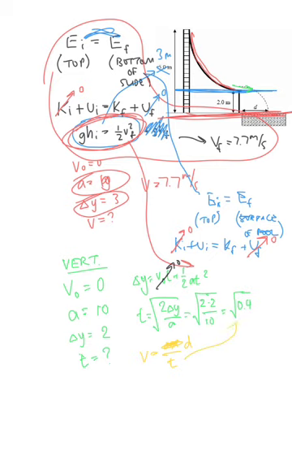The t is what we have right here, and the v is the speed that she left the slide, which is that 7.7, because that stays the horizontal velocity during her entire path. So the d is equal to v times t when you rearrange this equation. So it's going to be 7.7 times the square root of 0.4, which should work out to be a horizontal distance of 4.9 meters.